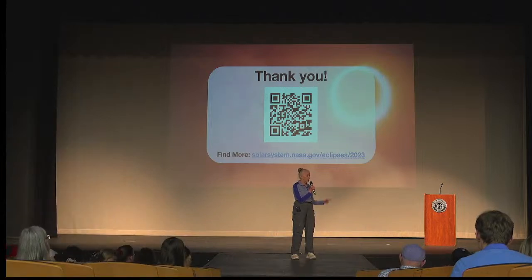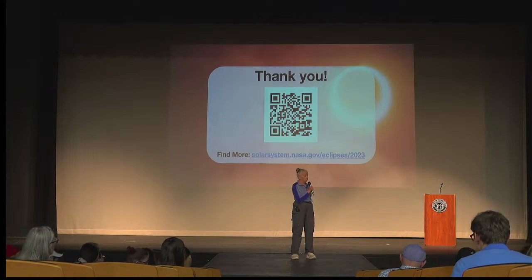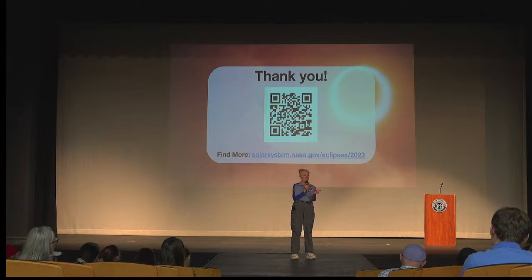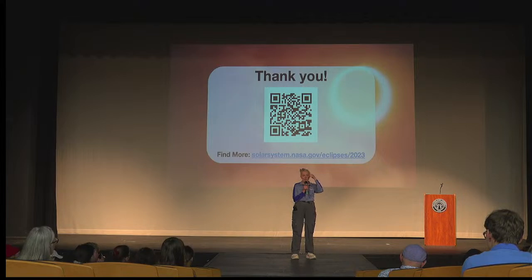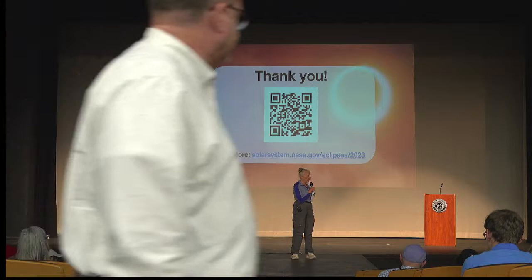I'm not sure of the rating of the welder's goggles. If it's number 14, that would work. But the number 14 welder's glass I've seen looks like a microscope slide, and you hold it up to the sun. You don't want to walk around with it over your eyes because you'll fall, because you can't see anything except the sun through it. And that's the same way it is with the solar viewing glasses.